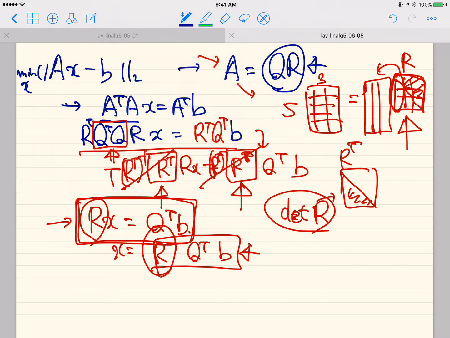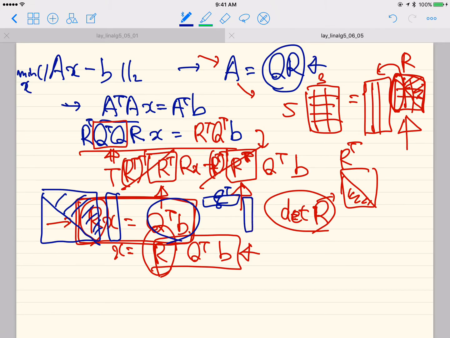At this point, this R is an upper triangular matrix, right? And then we have an x here. And Q transpose b is just an inner product between each column of Q as rows and then b, and so we obtain this one single vector.